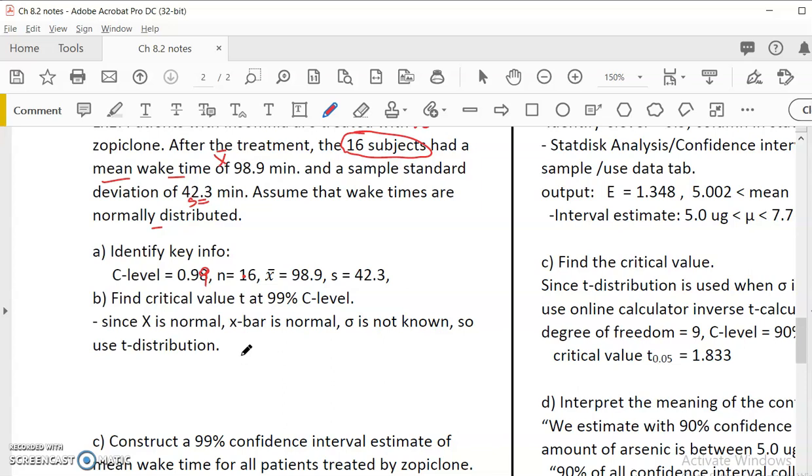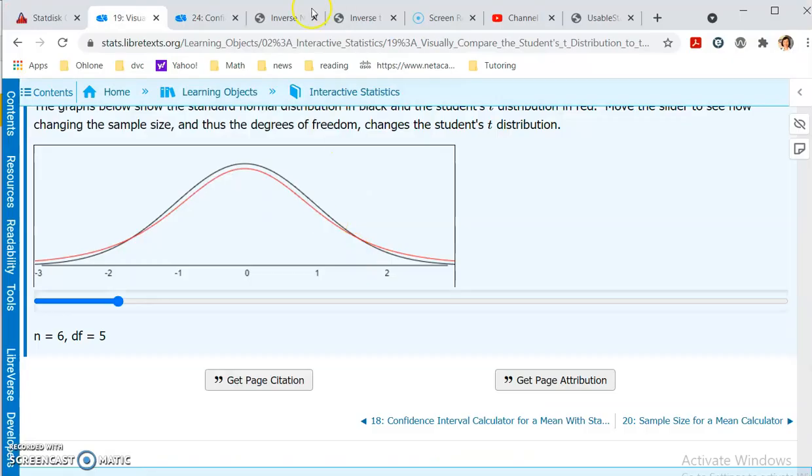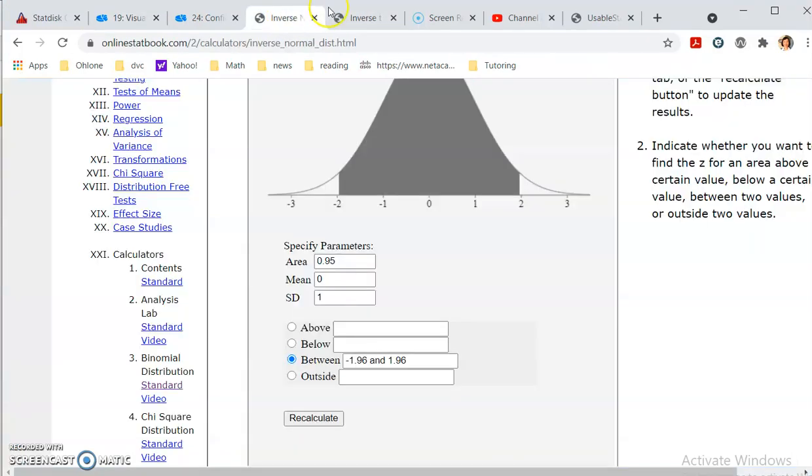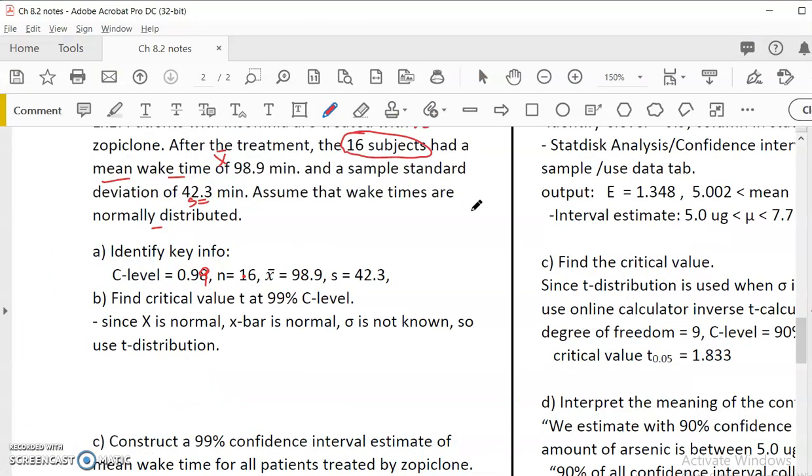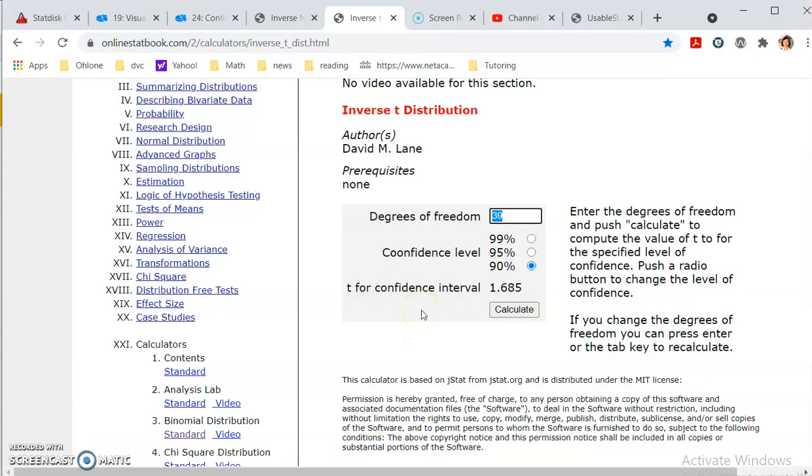So we want to find the critical T at 99. So go to, this is the inverse normal, no? So what is the degree of freedom? Our sample size is 16, so we want to do degree of freedom first, right? Degree of freedom is 16 minus 1 is 15. So we should say 15 and then it's 99.